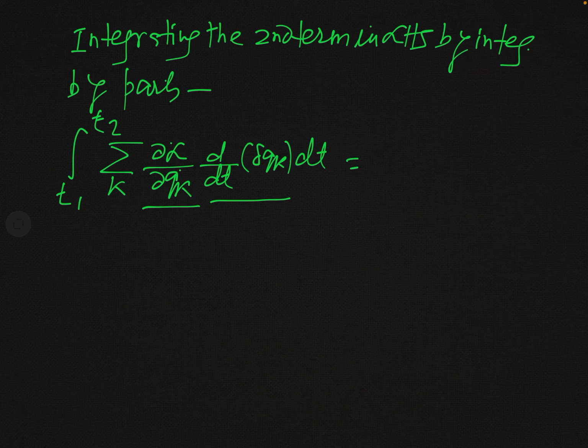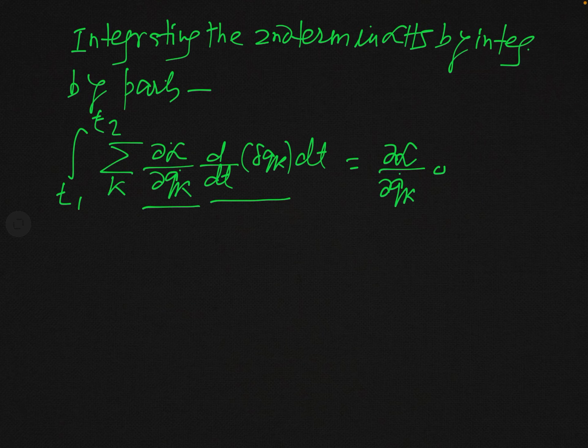You know this is the first function. So the first function is what? This is del L by del qk dot, and then the first function times the integral of the second function. You can see the integral of d dt delta qk with respect to t will be simply delta qk, because you can imagine that this dt will cancel and there will be the differential of delta qk, and the integral of the differential of delta qk will be simply delta qk.